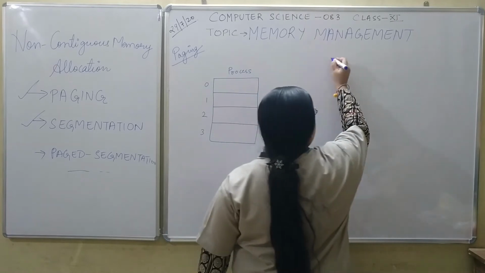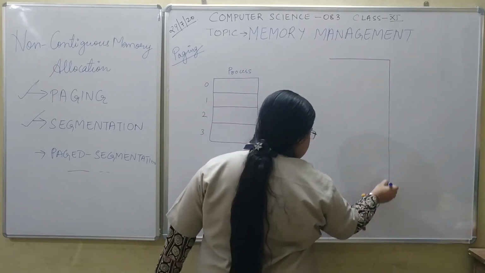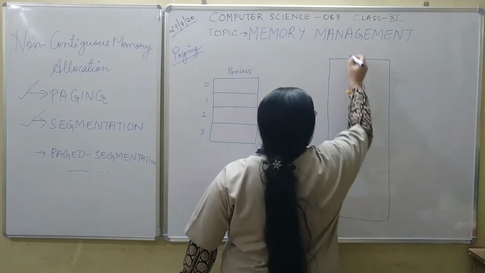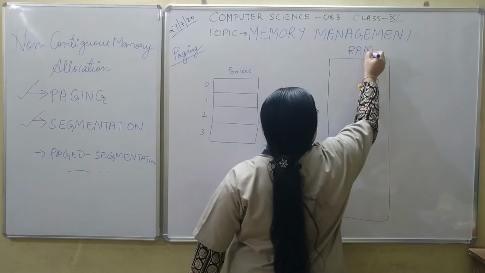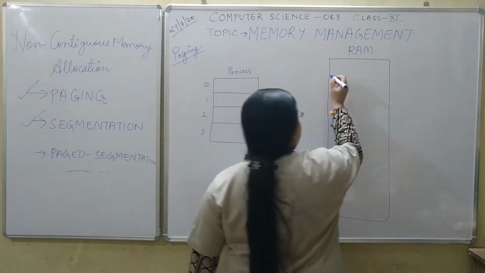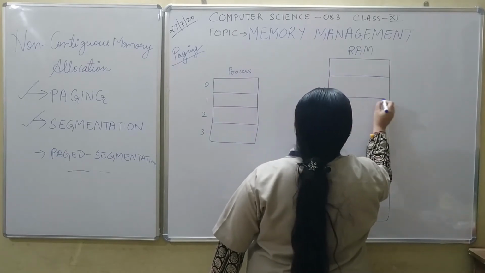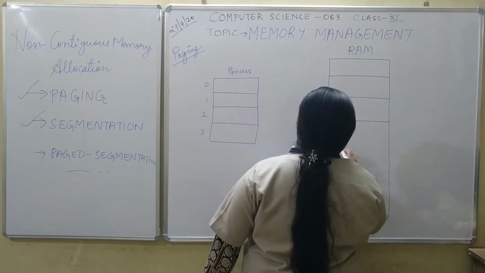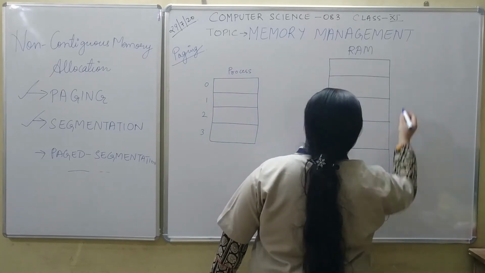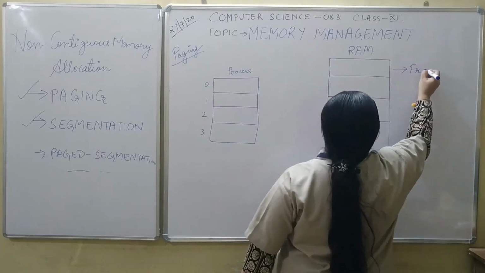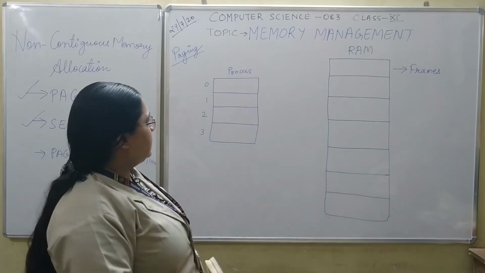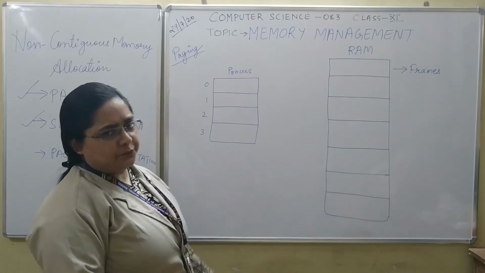And your physical address space, that is your RAM, is also divided into equal sized blocks known as frames. So your RAM is divided into equal sized blocks known as frames.